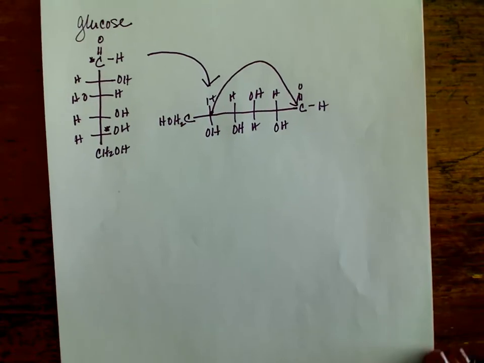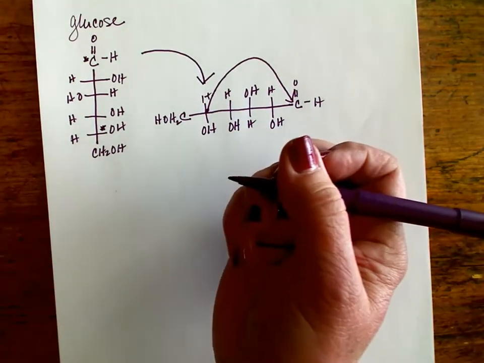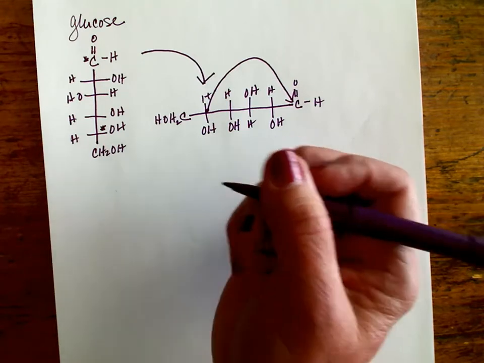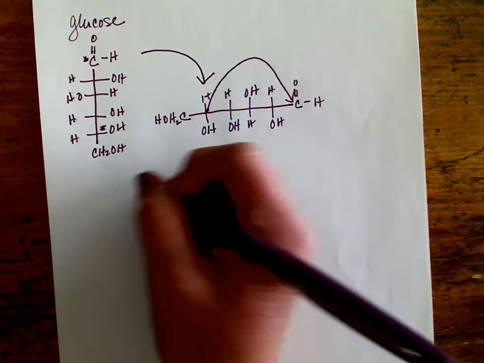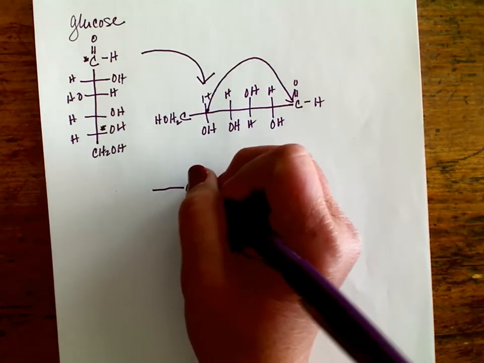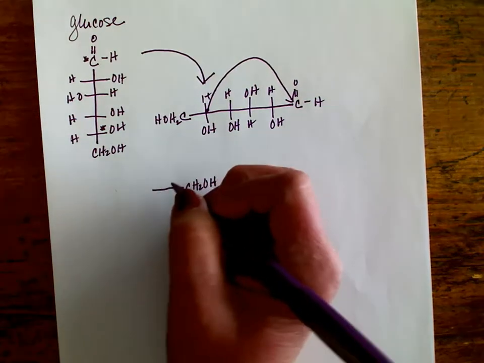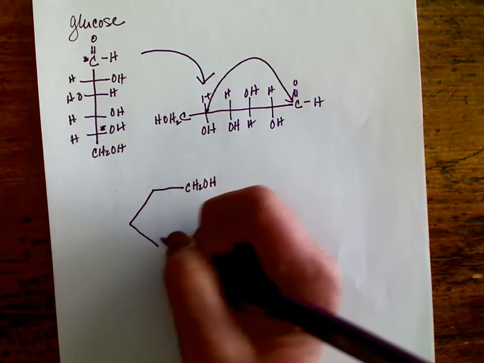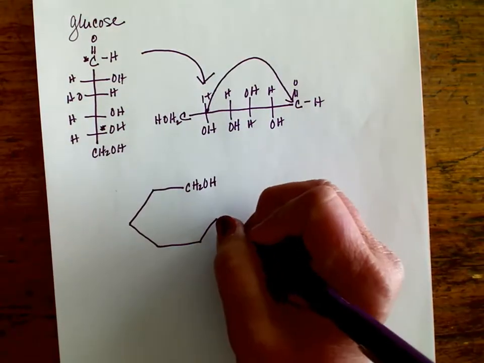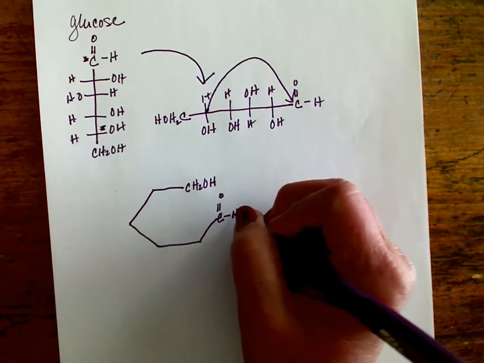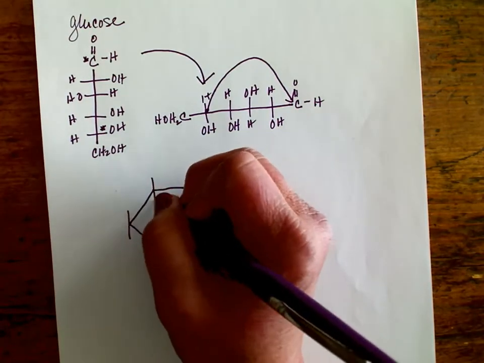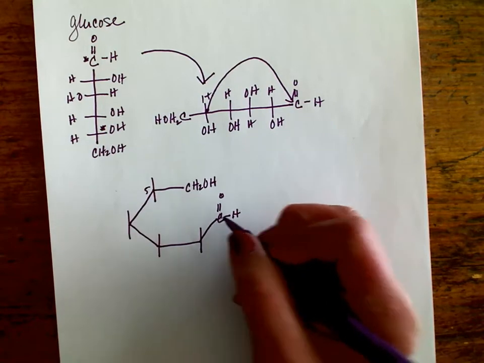If we take a look at this, not quite closed yet, just starting to wrap around, this being C5, C1.